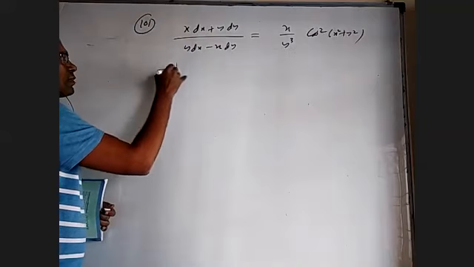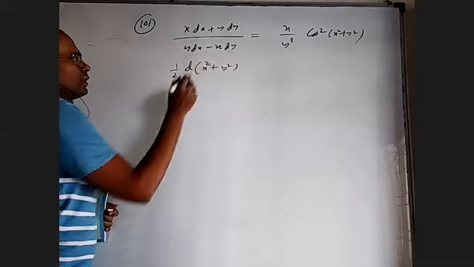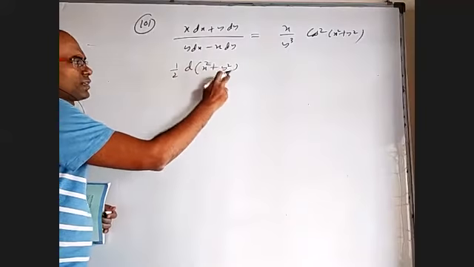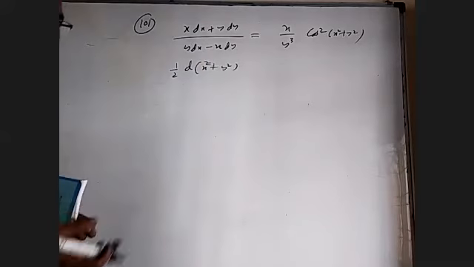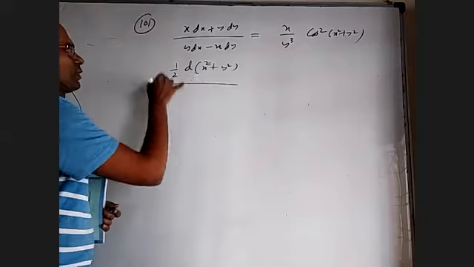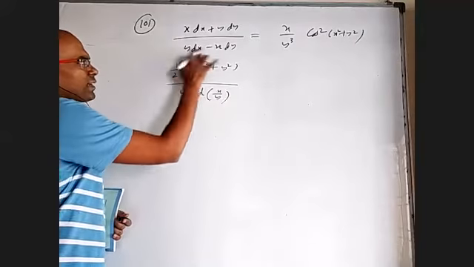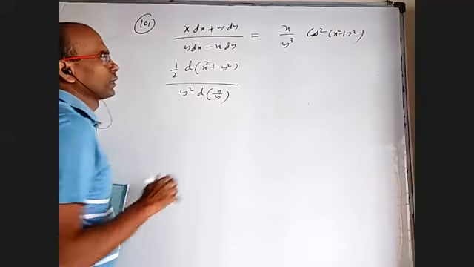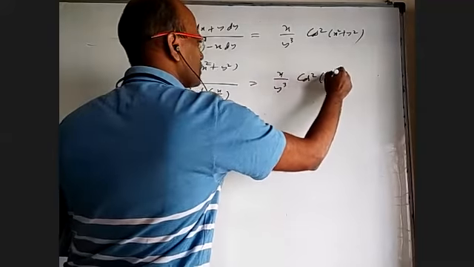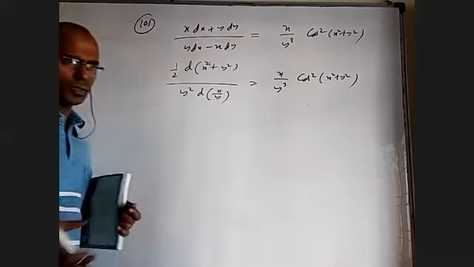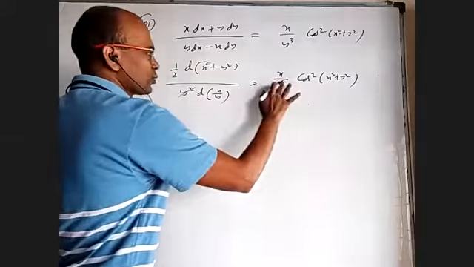First of all, this can be written as half of the derivative of x square plus y square, because x square derivative is 2x dx, y square derivative is 2y dy, the 2 is missing. This I can divide with y square or x square depending on the requirement. I can write y square times d of x by y, because by y square is required for the derivative of this. And x by y cube cos square x square plus y square. I think I have to just adjust everything. I can cancel this y square here and this cube here.